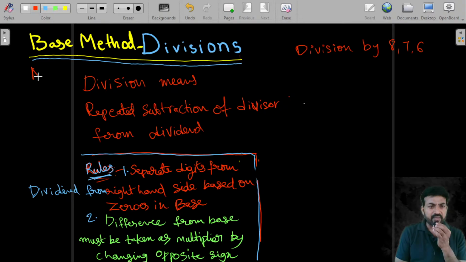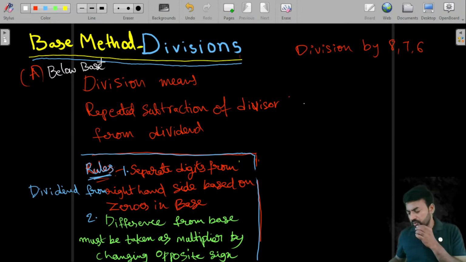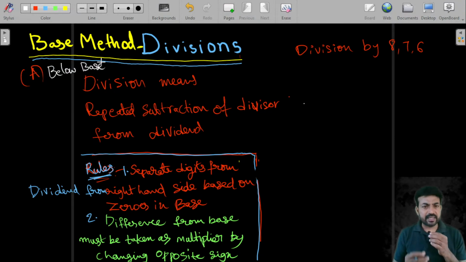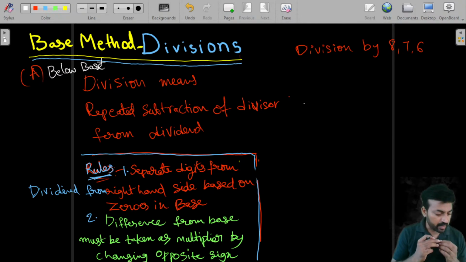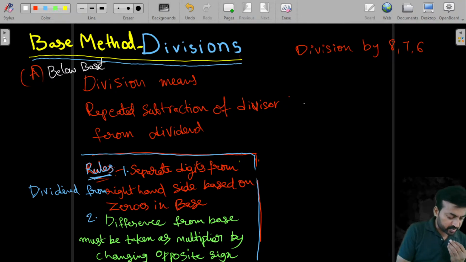You can remember it as case A, below base. You can do divisions by 11, 12, 13 as above base. I will explain each and everything, but you have to practice or else you will not remember. That is impossible.